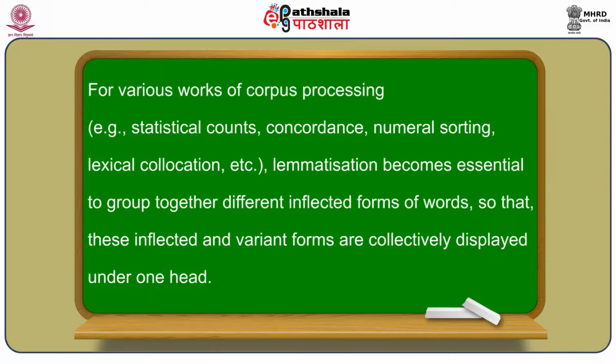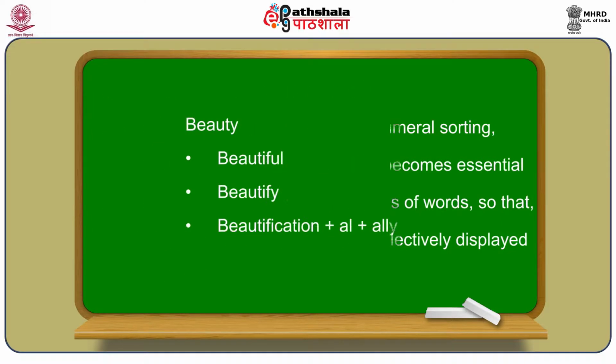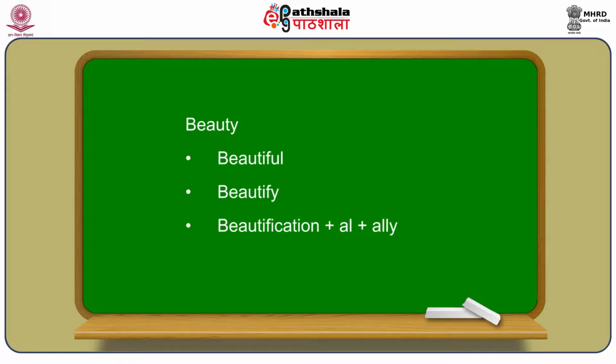First, to know what kind of inflections are tagged to the word, and what kind of morphological changes have occurred while those inflection parts are clubbed together with the base for the lemma. Okay, let us give one simple example.